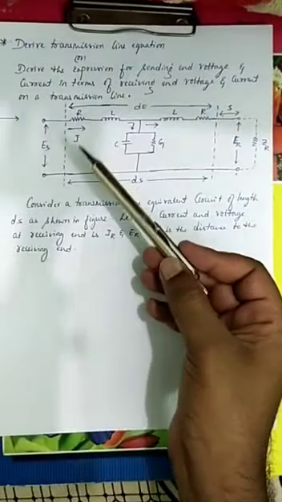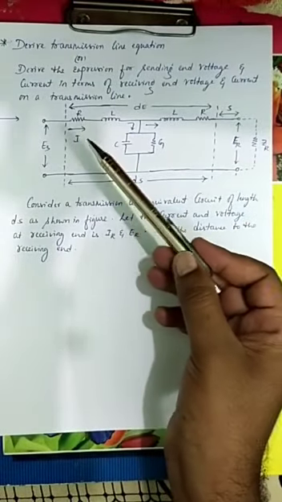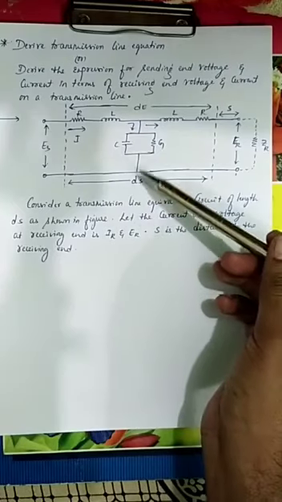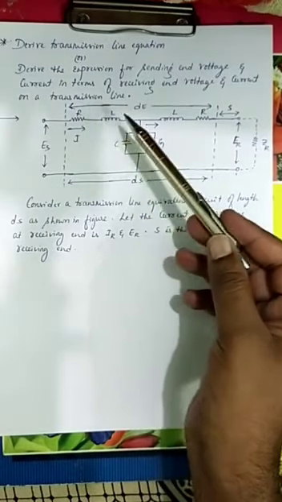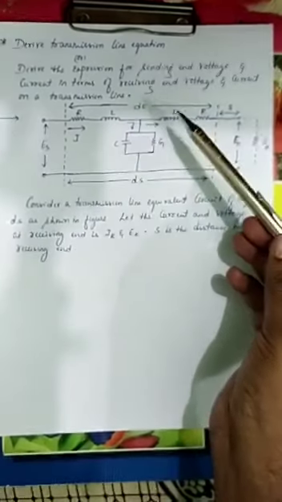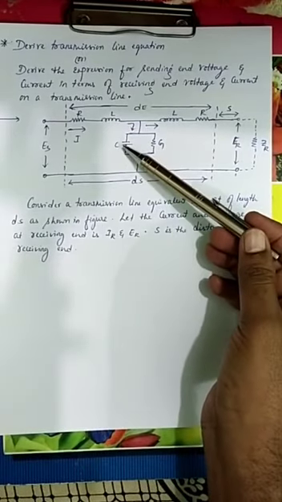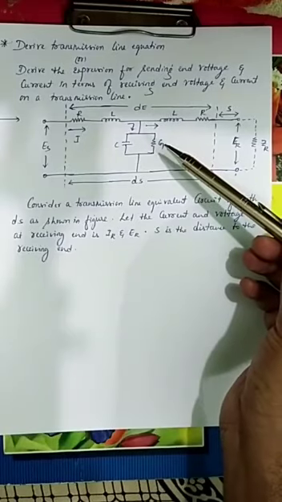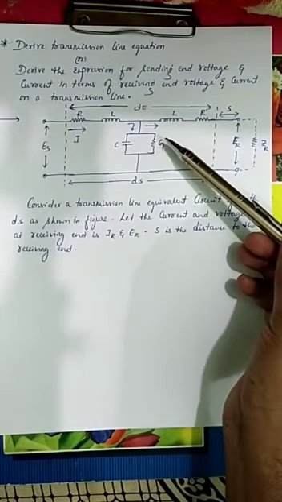Here, the resistance of the small cross section of length ds is, let us say, R ds, the inductance is L ds, the capacitance is C ds, and the conductance of length ds is G ds.